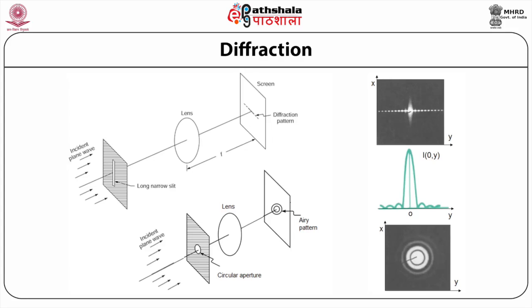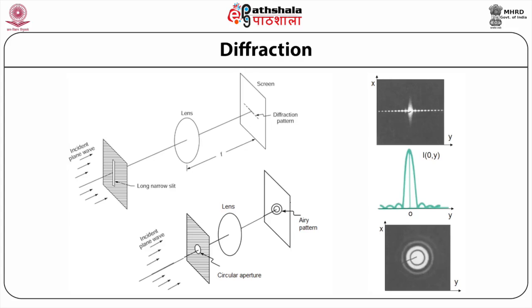Classically, if you shine light, a plane wave, on a slit or a hole, you just expect a single dot or single rectangular light pattern on the screen, but that doesn't happen in reality. What you actually see on the screen in the far field is a nice pattern.